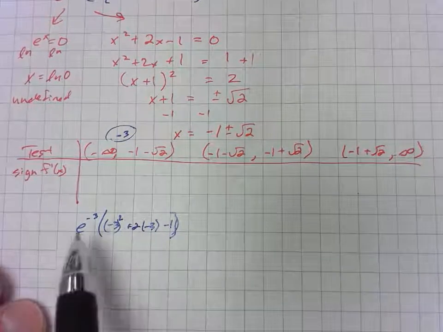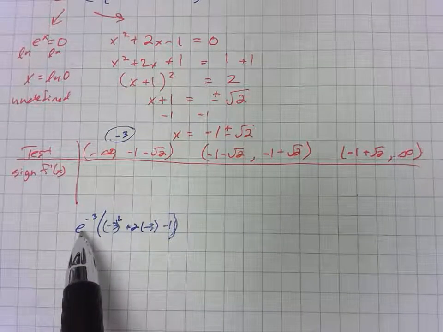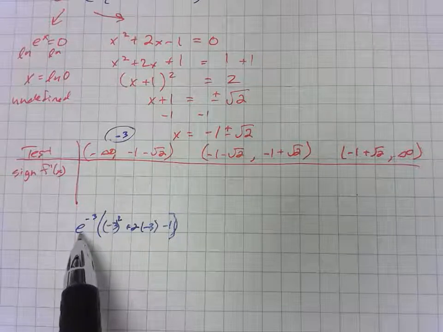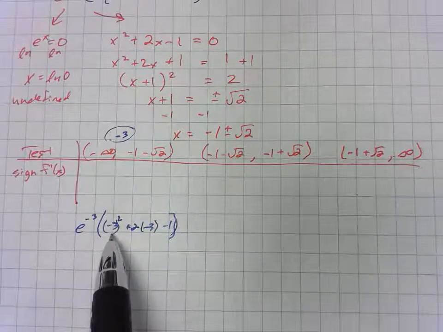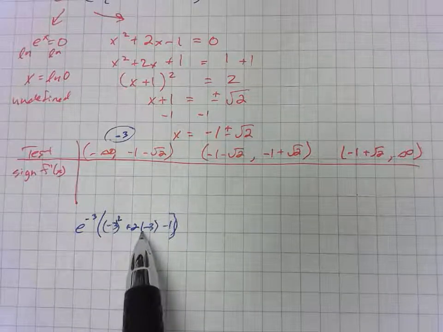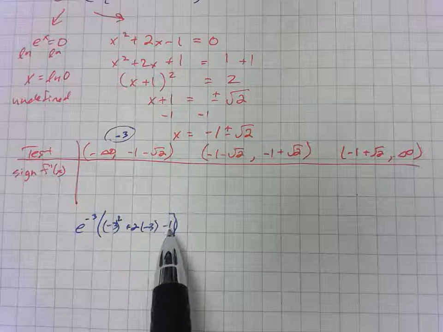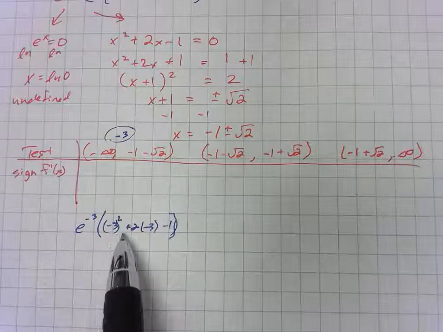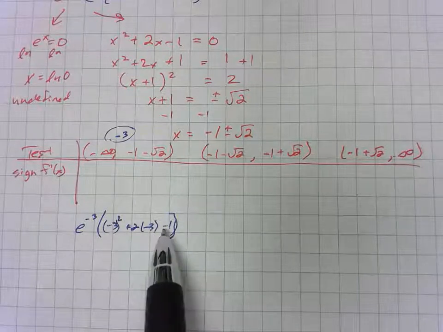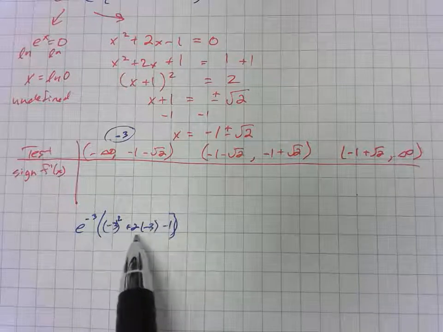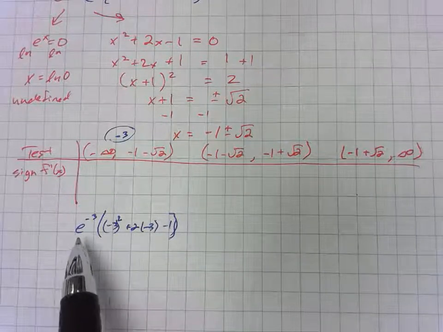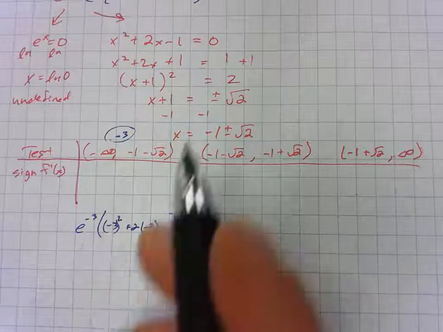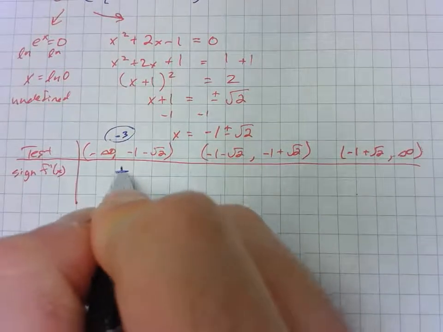And then this right here is just going to be a fraction. All we're trying to do is figure out what the sign is. This is 9, and that's -6, and that's -1. So 9 minus 6 is 3 minus 1 is 2. So it's going to be positive 2 over e to the 3rd power, which would give us a positive value.